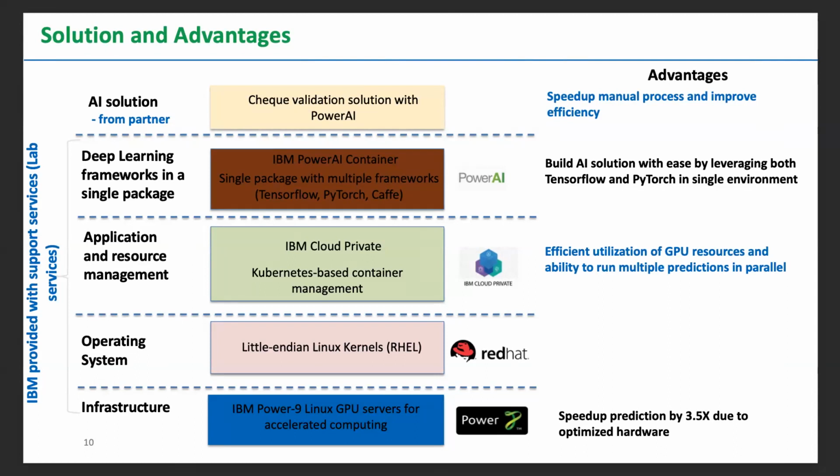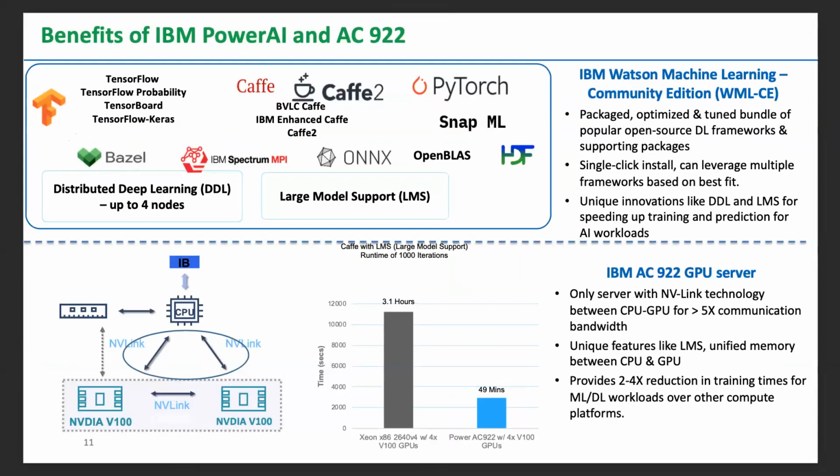The main advantage we have seen is with NVLink, because the transfer of larger data is very high, almost 80 gigabytes per second, which is at least 5 to 6 times the normal speeds. And this is the only server which has the NVLink technology.